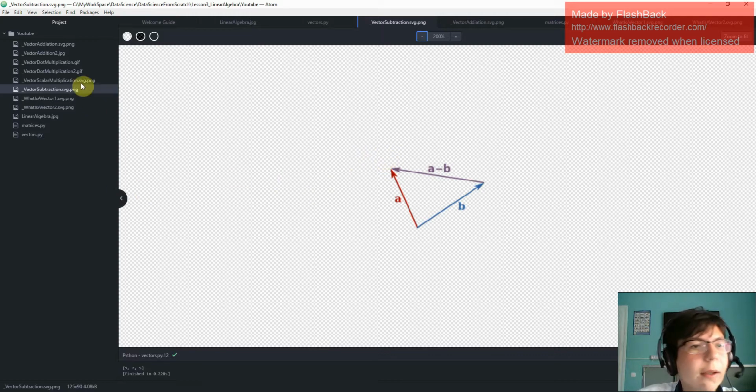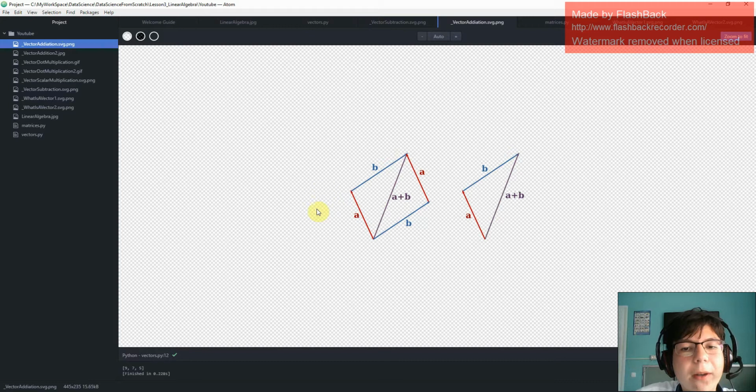If not, let's just go back to the image with the parallelogram rule now, not the triangle rule.